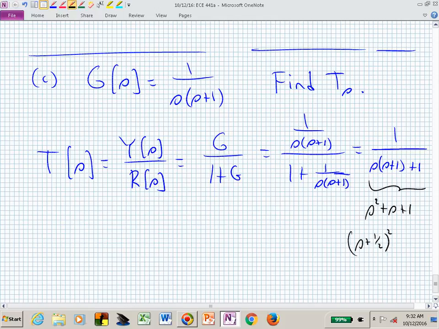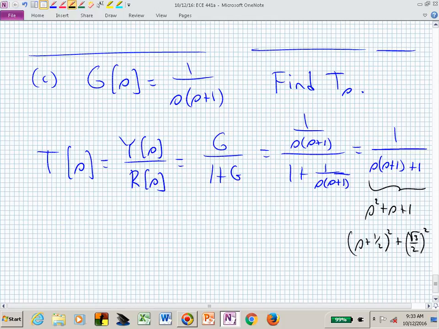And now we have 1/4, and what do we need plus 1/4 to get us 1 when it's squared? Three-fourths. So we take the square root of 3/4 and we get the square root of 3 over 2.